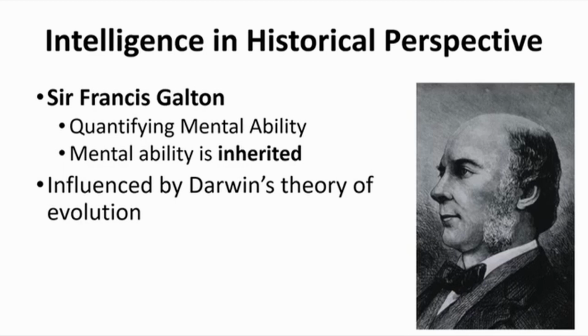And he was specifically interested in eminence and genius, so the link between being successful and being intelligent. From his investigations of family trees full of eminent and also intelligent people, he concluded that mental ability is inherited. That people in those eminent families, that people who came from families that were very successful and usually wealthy, ended up being more intelligent.